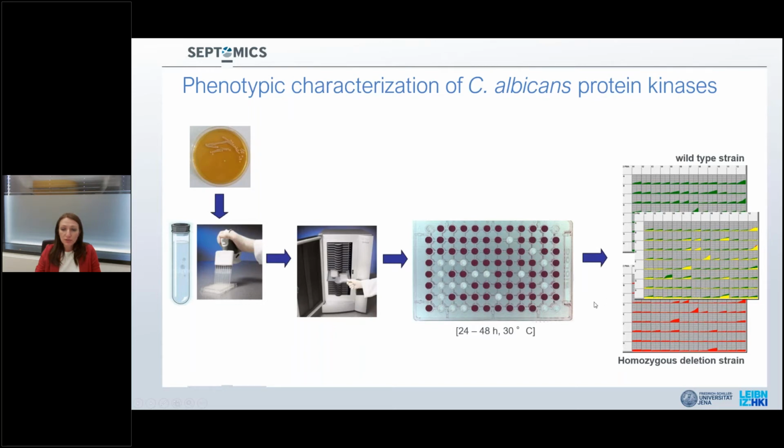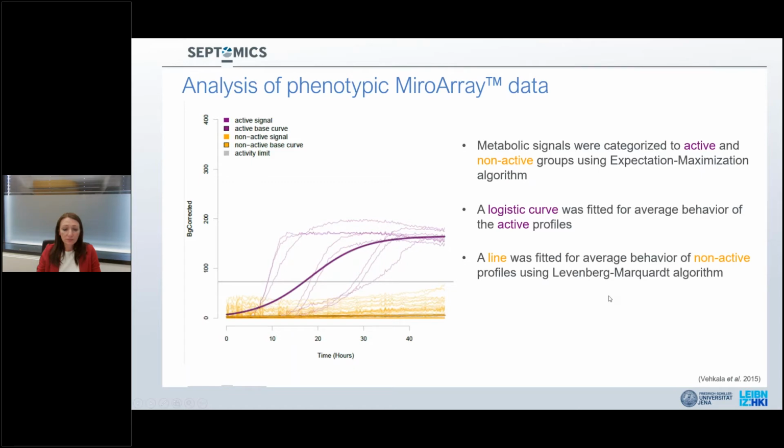What we did is to use an available pipeline for the statistical analysis of phenotypic microarray data, as was published recently. In brief, we have growth signals for each phenotypic microarray assay, and those were first subtracted from the respective negative control signals. Any negative values were replaced by 0.